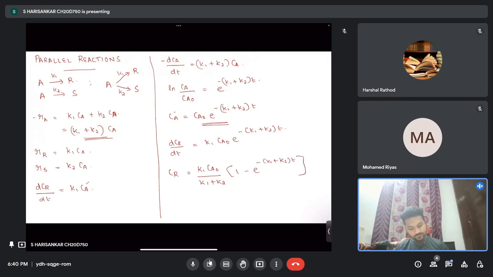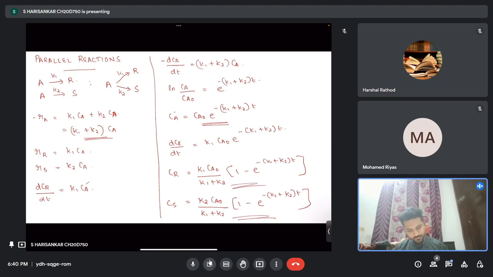And Cs will be nothing but the same thing, but K2. So K2 Ca0 by K1 plus K2 into 1 minus e raised to minus K1 plus K2 into t.